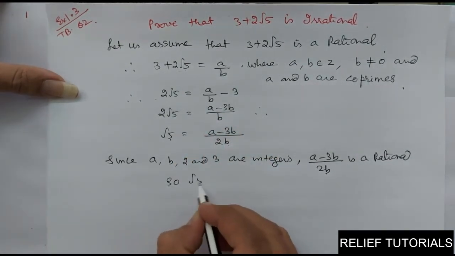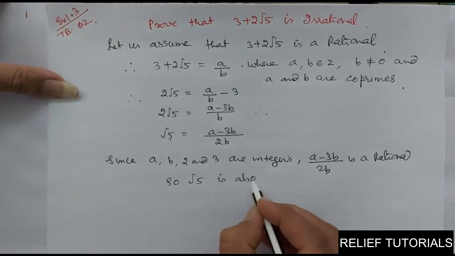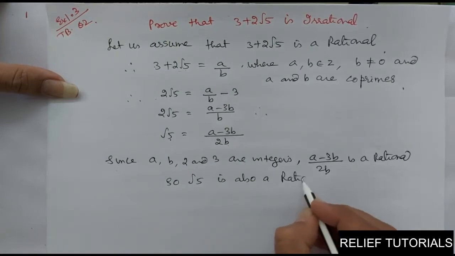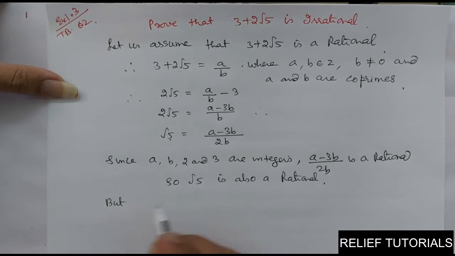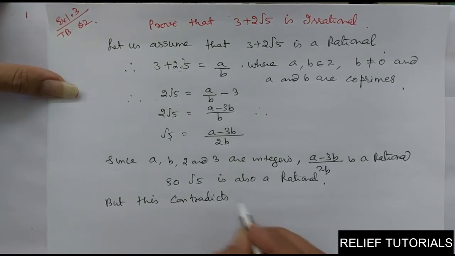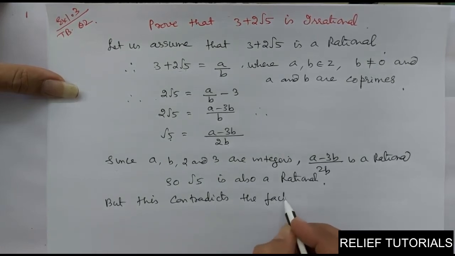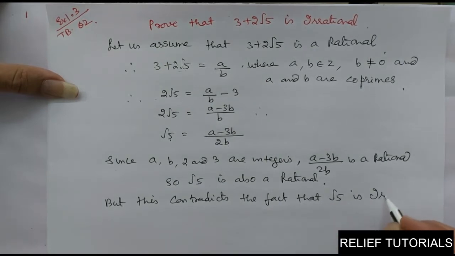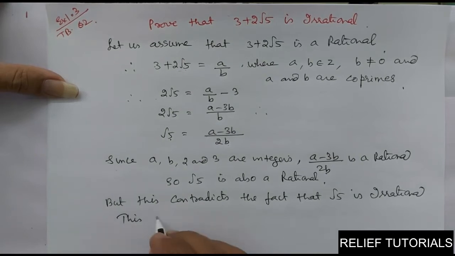So you can say root 5 is also rational. But you know root 5 is irrational. So this contradicts the fact that root 5 is irrational. We know that root 5 is irrational, and this contradiction has arisen.